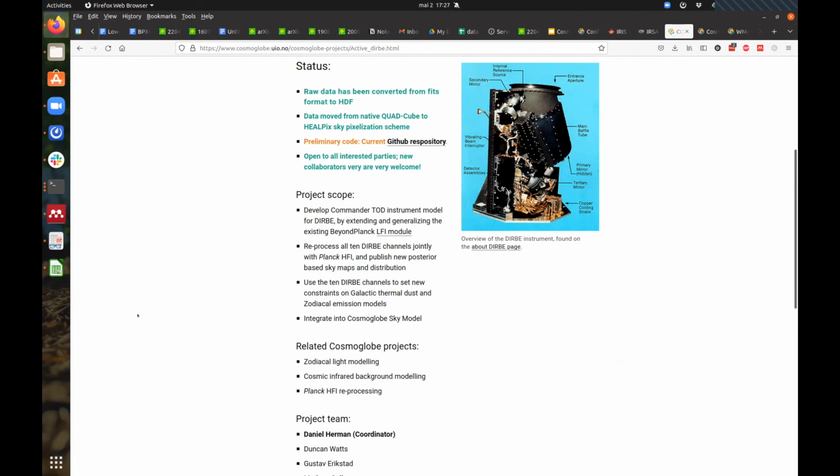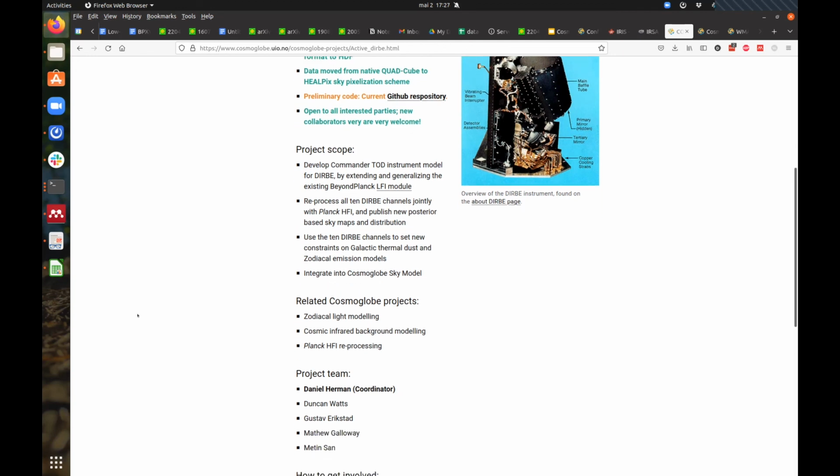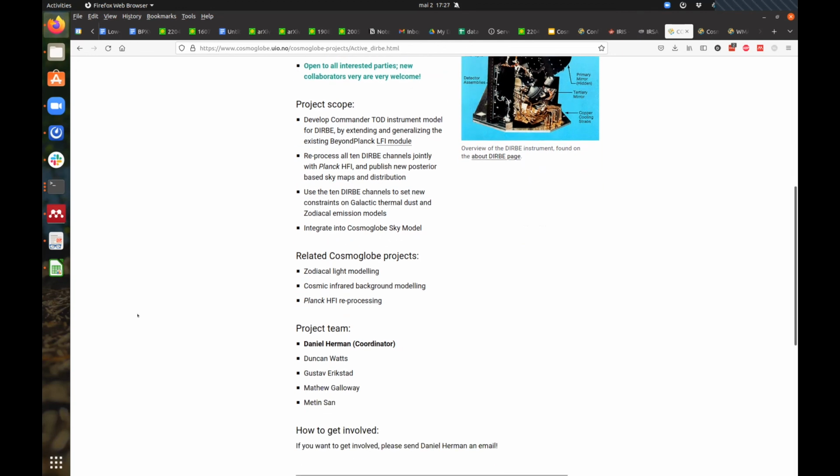So if somebody's interested, getting DMR into Commander would also be a good lightweight data set to get familiar with the Commander framework. Easy to debug, and the debug cycles are short. Yeah, shoot me an email if you're interested in either of those. Those are both good lightweight projects that are good introductions to Commander or Fortran.